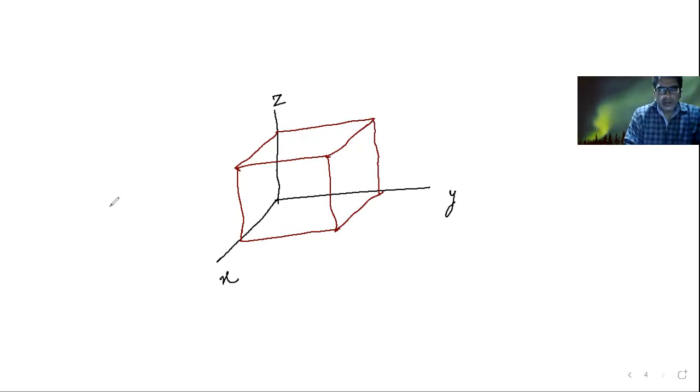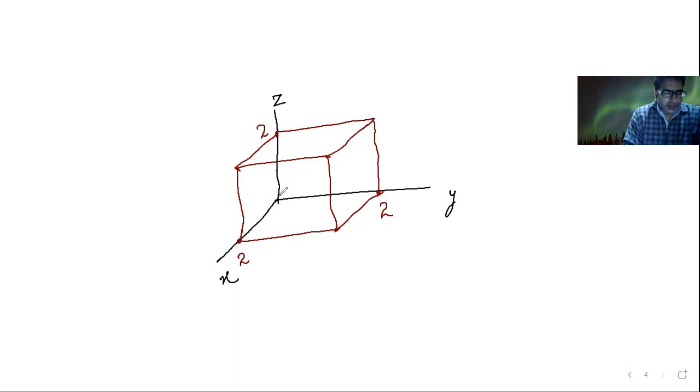There's a figure. Then there are coordinates given. Here it is 2, here it is 2, and here it is 2, right? Now this is a cube with 6 faces. We have to calculate the surface integral over this cube, but excluding the bottom face. We have to consider only 5 faces.